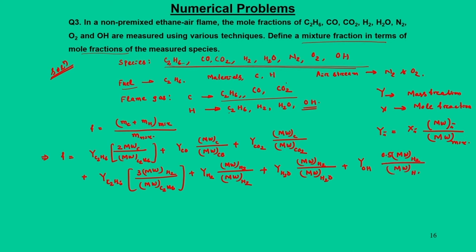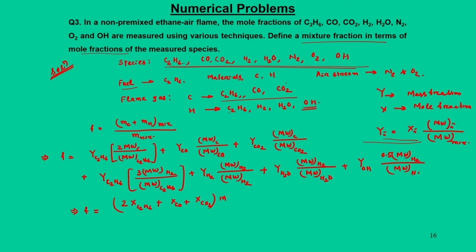By inserting the relation between mass fraction and mole fraction, F can be represented as twice X C2H6 plus X CO plus X CO2, times the molecular weight of carbon.